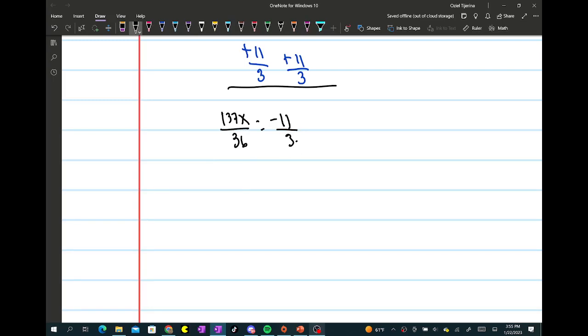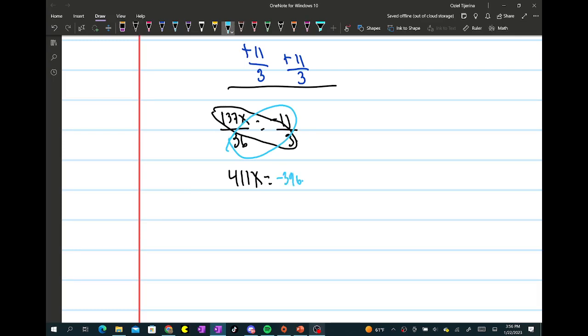If I do, hold on, 137 over 36, and let's see, so 137 times 3 is 411, so this becomes 411x, and then 36 times negative 11 becomes negative 396.